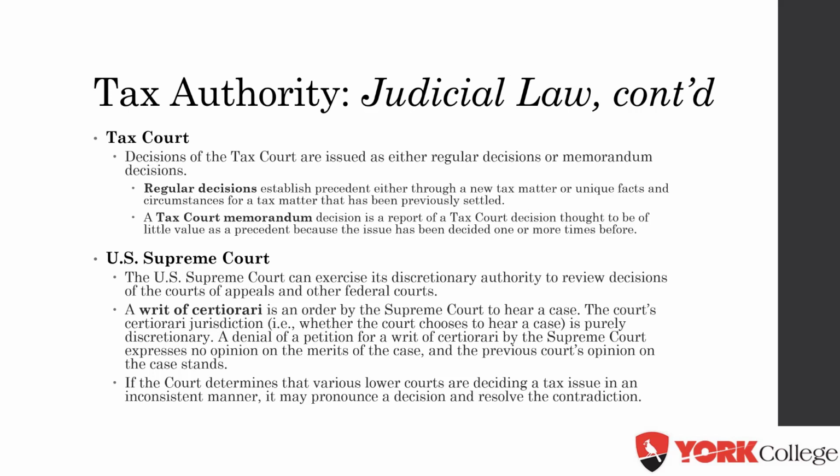When the Supreme Court decides to hear a particular case, they will issue a writ of certiorari, and we call this the Supreme Court's certiorari jurisdiction, which is also just a synonym for its discretionary authority.